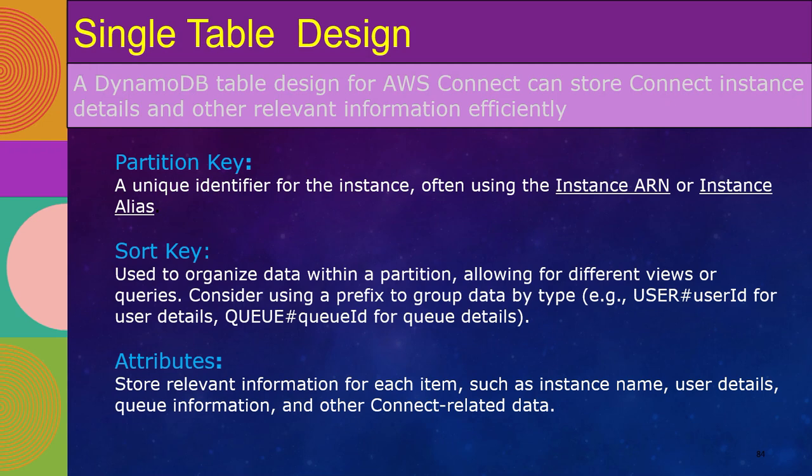So one approach I saw on the internet, which I actually implemented for one table, was you could use a unique identifier for the instance as a partition key. This is good because you could have multiple instances in your table.